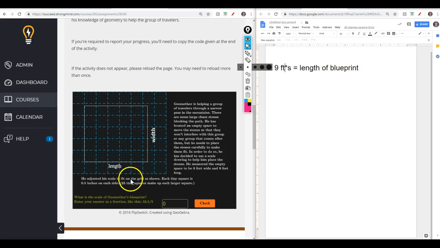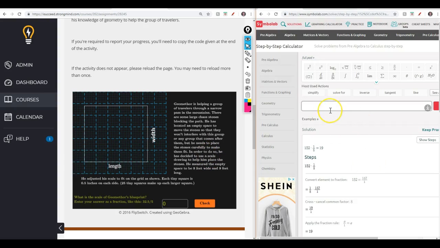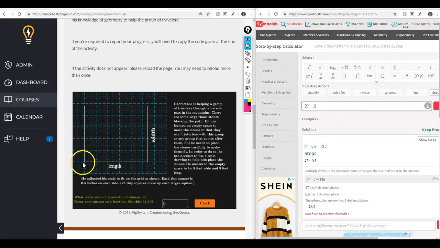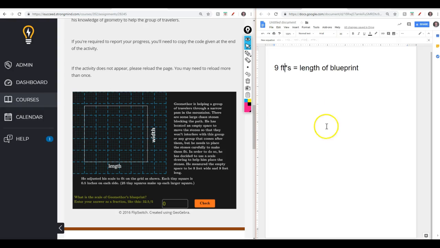So I'm going to take 27 and multiply it by 0.5 to find out how long it is, because there's 27 of those boxes. Each box is a half an inch. So that length is 13.5. So the length of the blueprint is 13.5 inches.